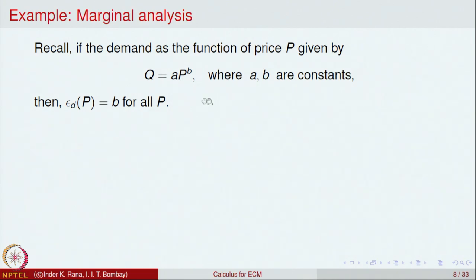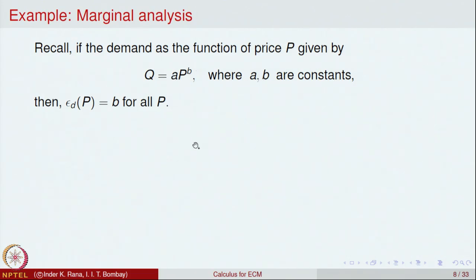Then we had defined what is called the elasticity of demand of the price, and we had defined it for general functions. For this function we computed it in one of our earlier lectures, and we showed that it is equal to b for all p. So, the elasticity of demand for every price was a constant, equal to b.